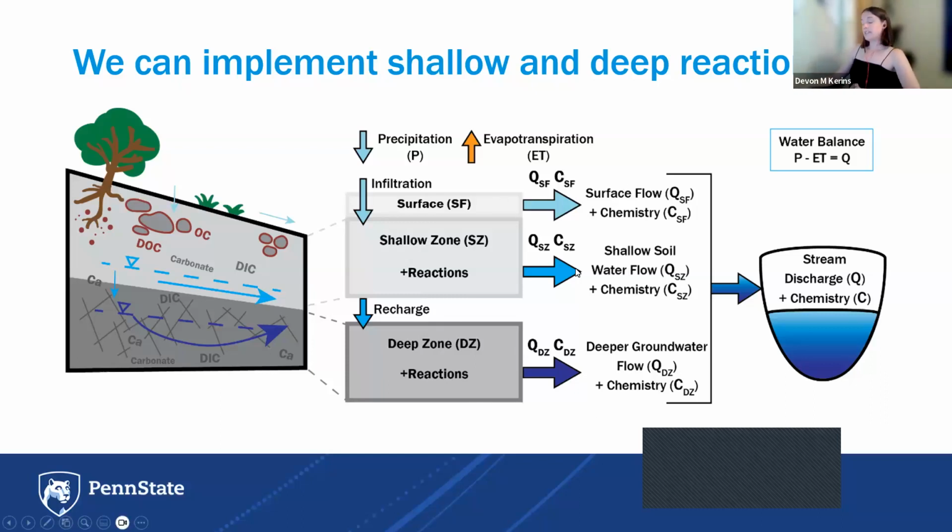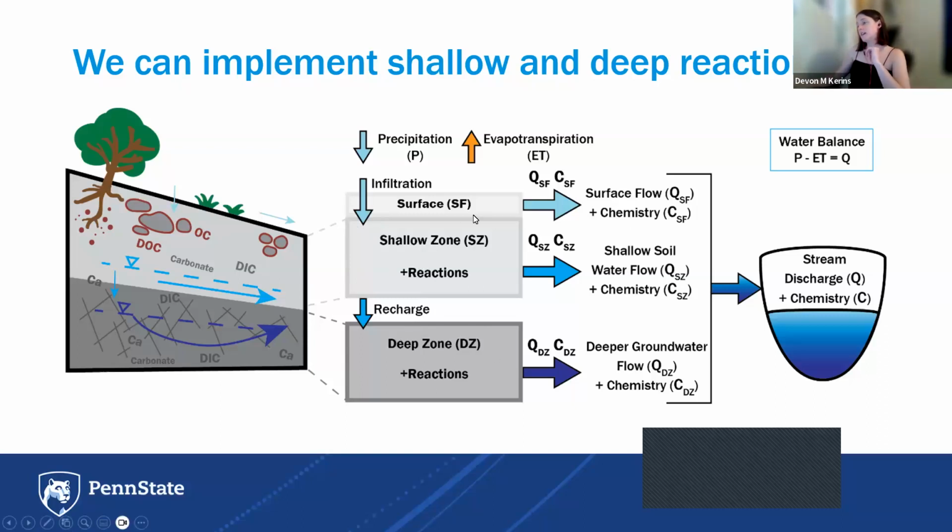In terms of implementing reactions with BioRT, it'll simulate reactions in the shallow soil zone and deeper zone. And so again, the shallow soil zone will be most associated with quicker reactions that tend to happen more in the shallow soils. And then you have these deeper reactions, which tend to be slower and more associated with weathering of bedrock.